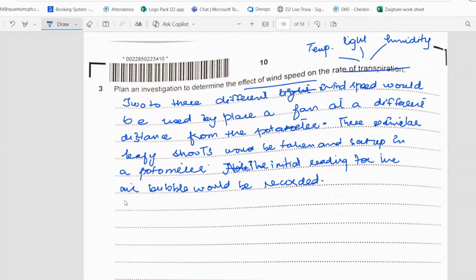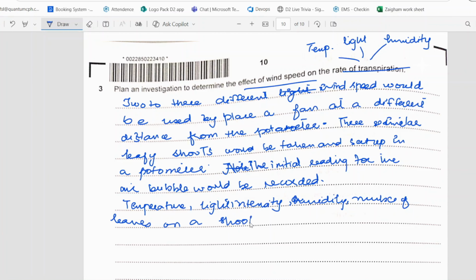So let's say temperature, light intensity, humidity, number of leaves on a shoot. What else can we write?